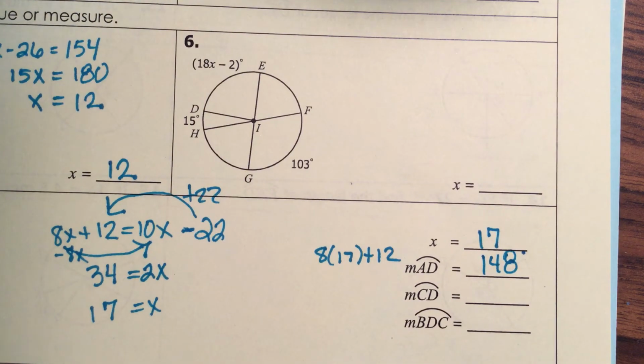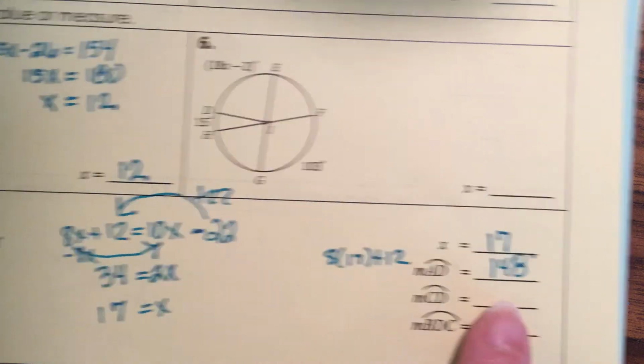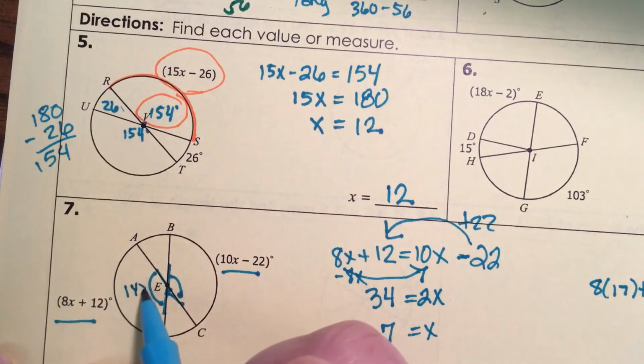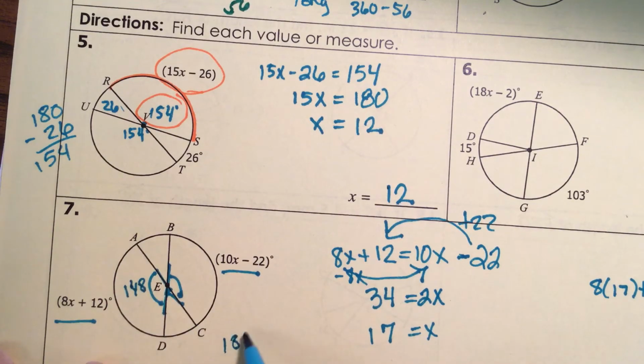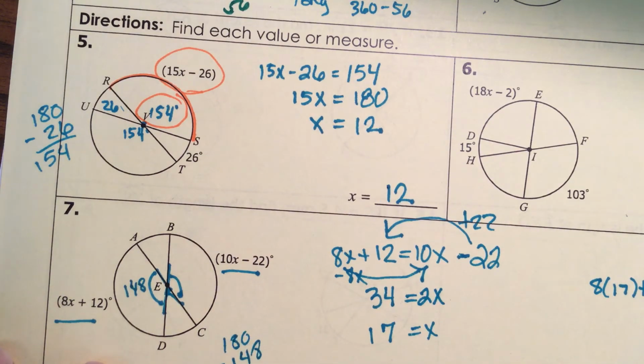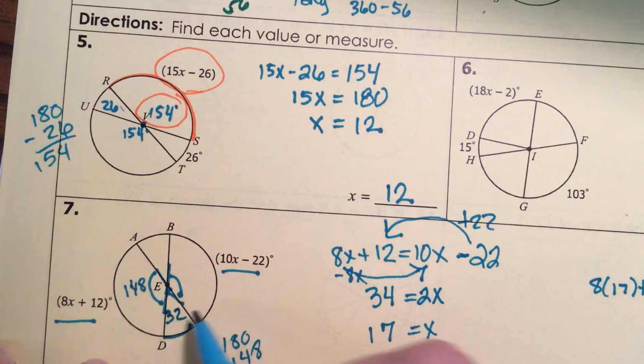Okay, from C to D, if I know that this one is 148, remember we're subtracting from 180. So 180 minus 148 is giving me 32. So the short run from C to D is 32.